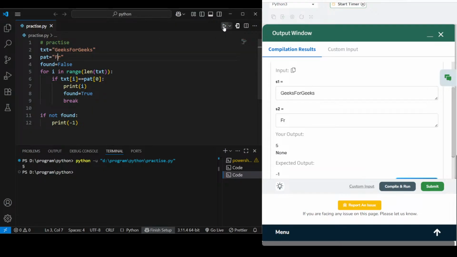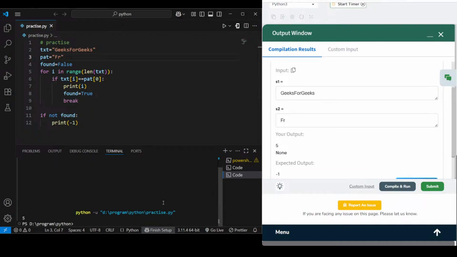How is it printing the same 5? Got it. Guys, it's just checking the first letter only.